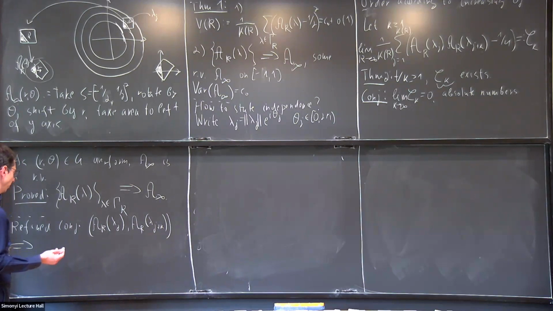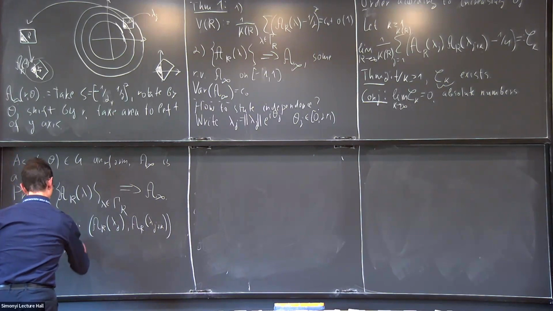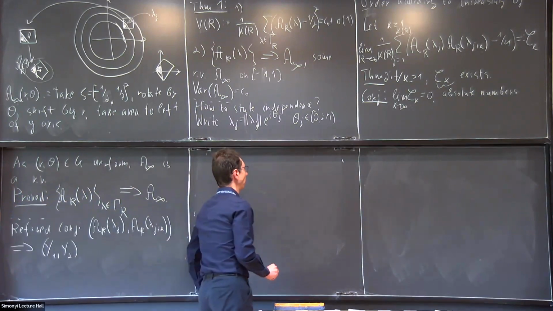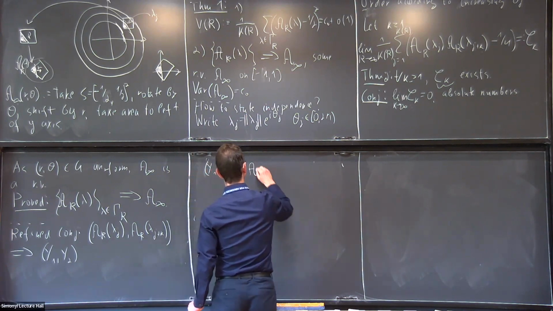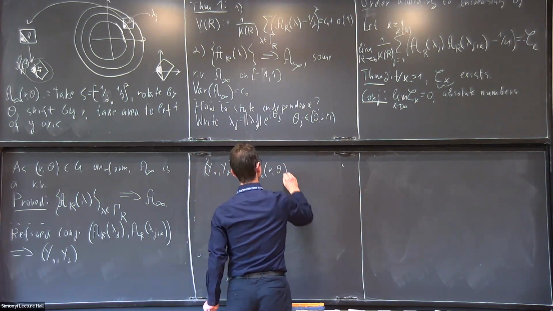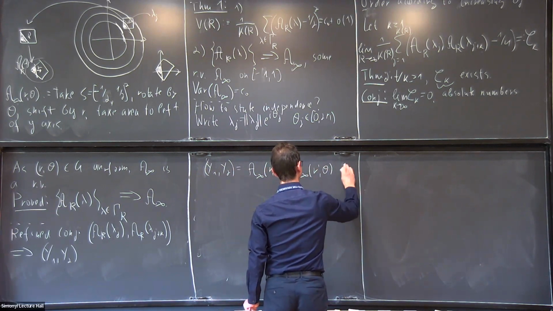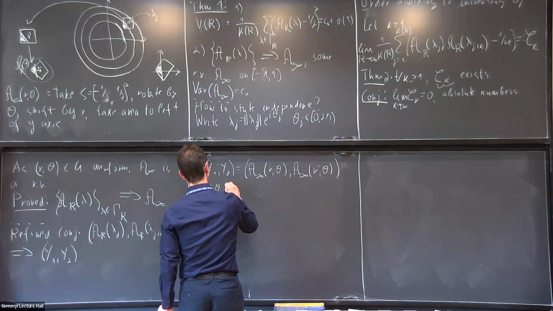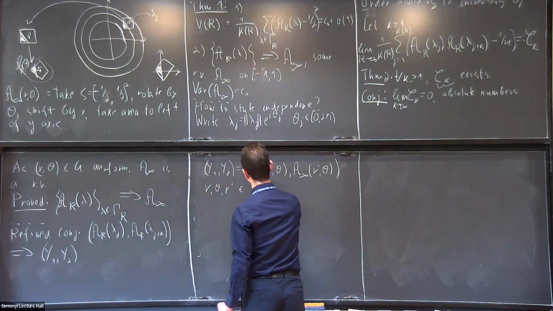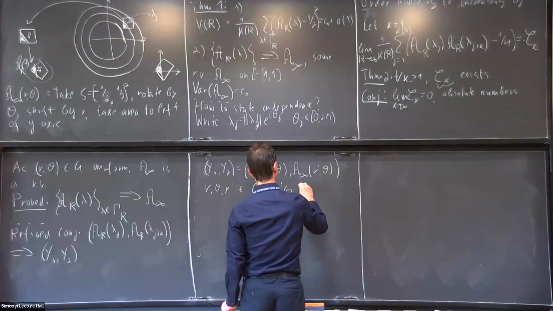The refined conjecture is the following: that it converges to y1 and y2, where y1, y2 are A infinity of R and theta, and A infinity of R prime and the same theta, where R, theta and R prime are uniform in G times minus 1 over square root of 2, 1 over square root of 2.